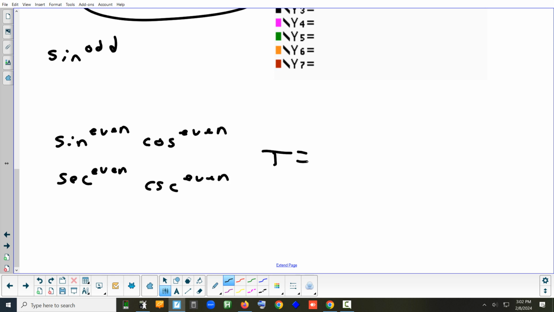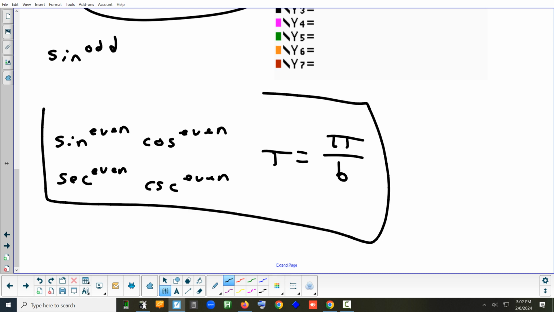The period is always pi over b. So if you can remember that these 4 are pi over b, then everything else is 2 pi over b. That would include sine to an odd, cosine to an odd, secant to an odd, cosecant to an odd, or any tangent, even or odd. So I just remembered this, and everything else is 2 pi over b.